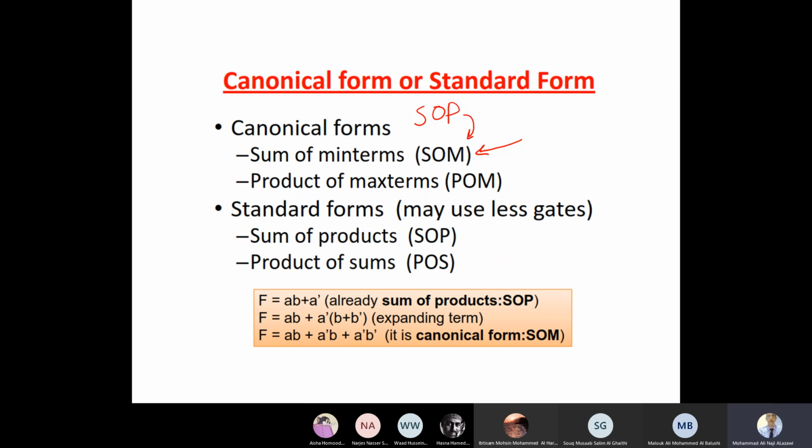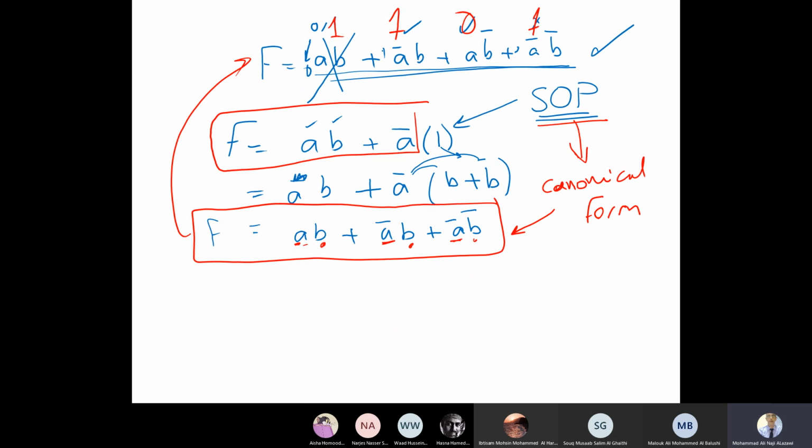Now I have sum of min term and I have product of max term. While we have standard form, may use fewer gates, but have sum of product and product of sums. If I give you an example, this example is the sum of product, and this is sum of min term. Okay.